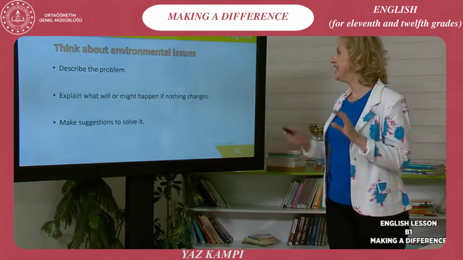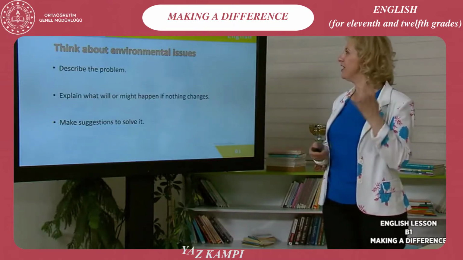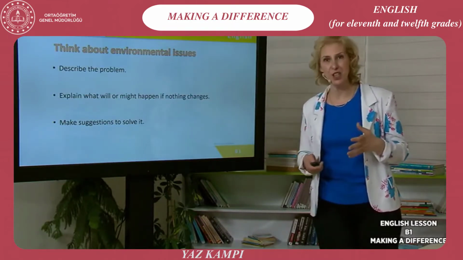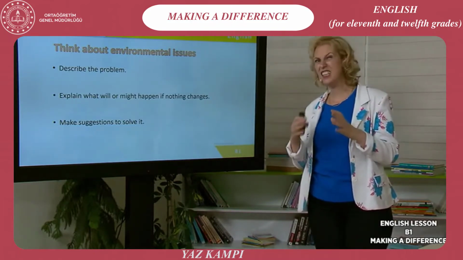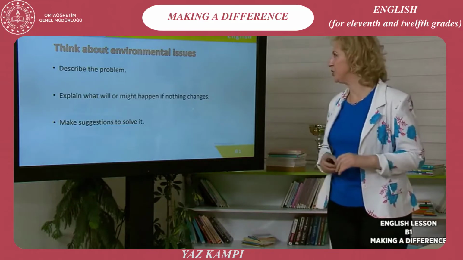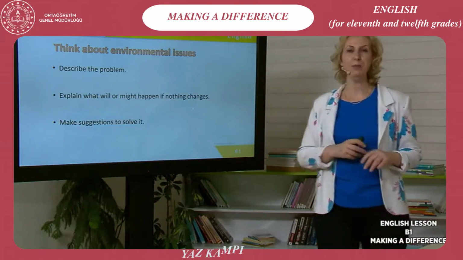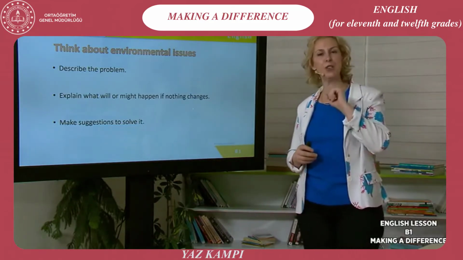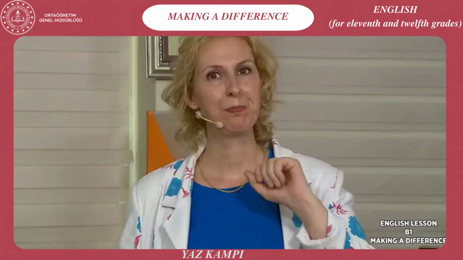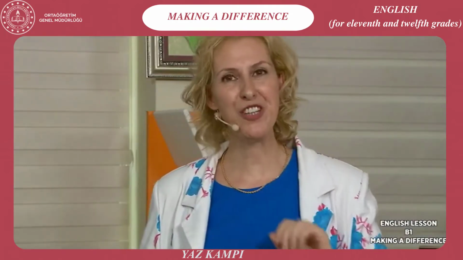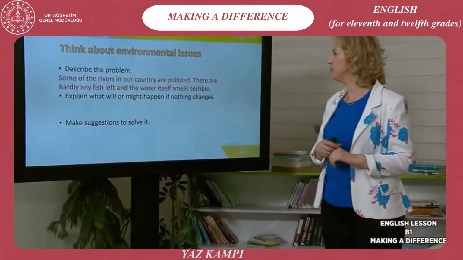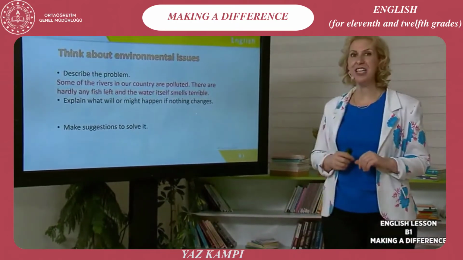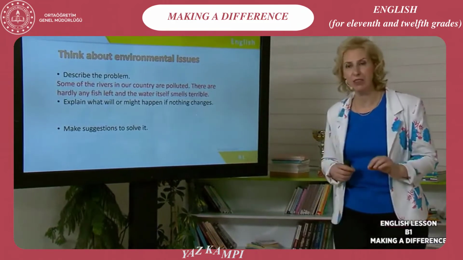Now, let's think about environmental issues and outline a problem, then suggest what we can do. Describe the problem. Please think about a problem. Yes, I'm going to help you. I'm going to give you an example. For example, some of the rivers in our country are polluted.